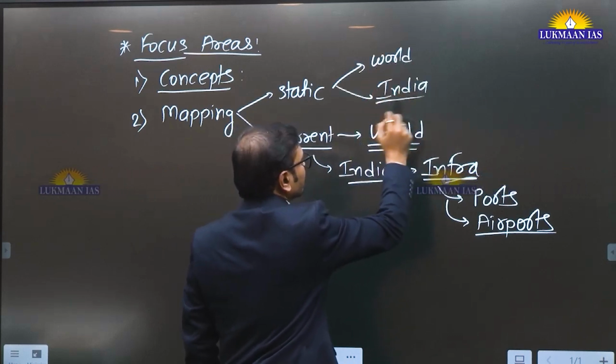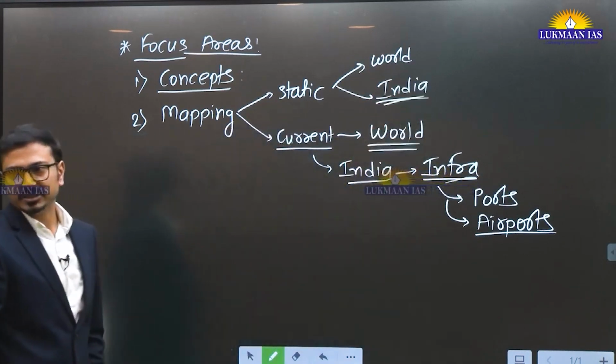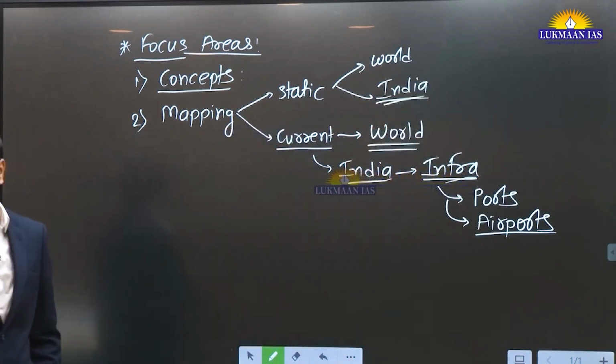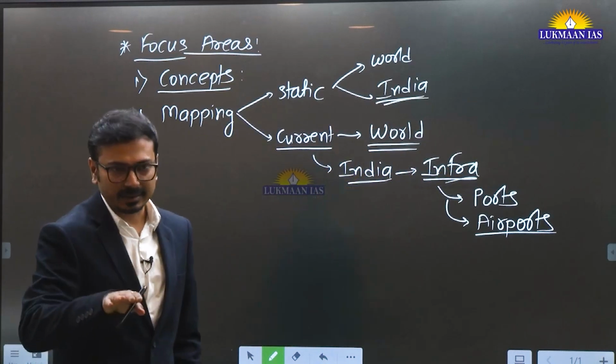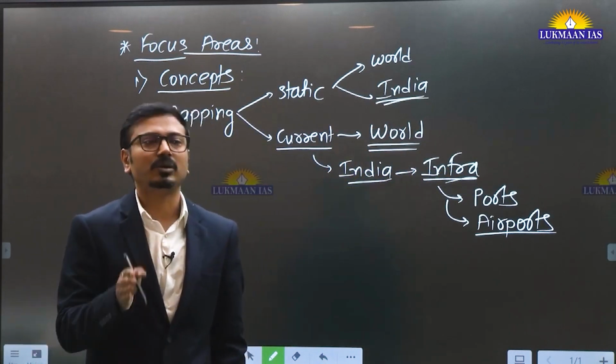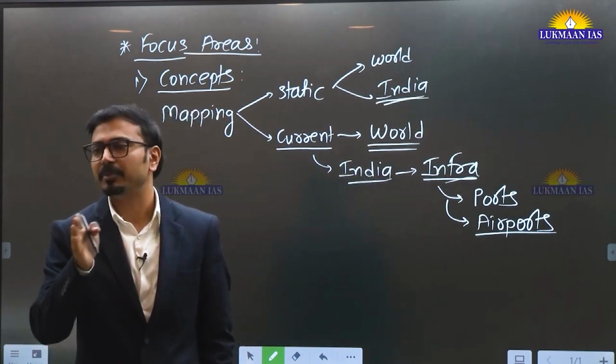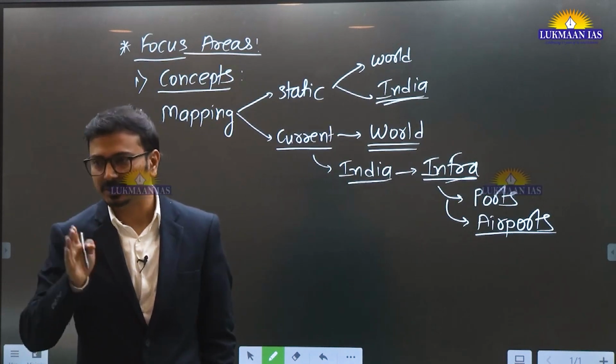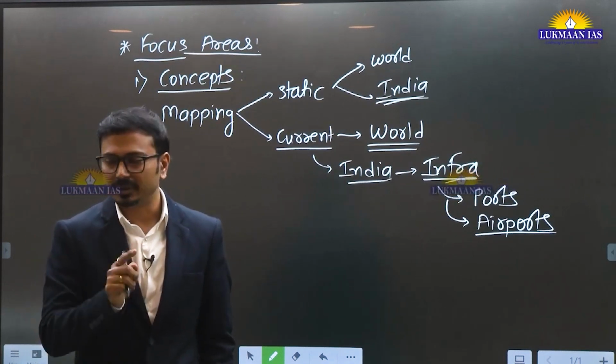Static portion. And I had mentioned that there is one YouTube video from 2 years back, a session I had taken, on what things should be prepared for the mapping section in geography. It is a 40-minute video.